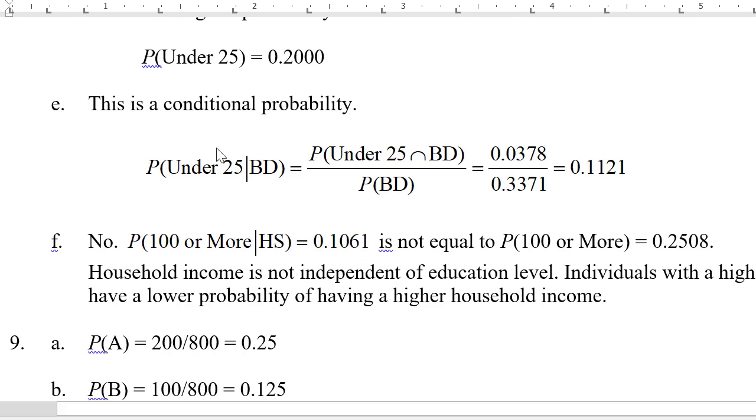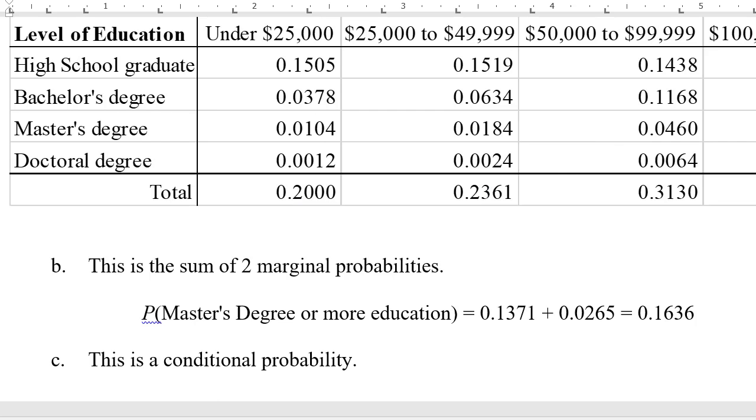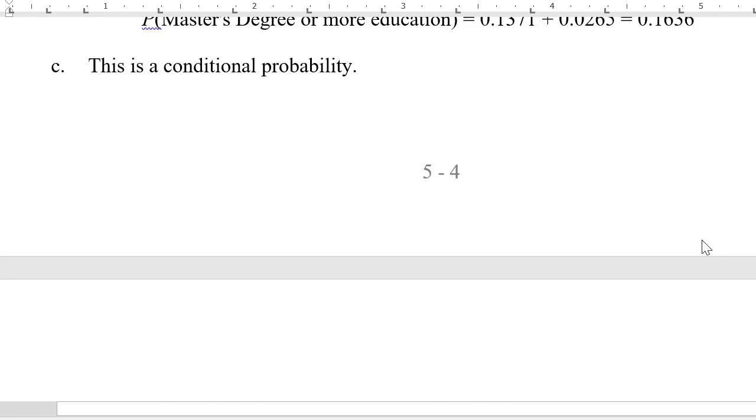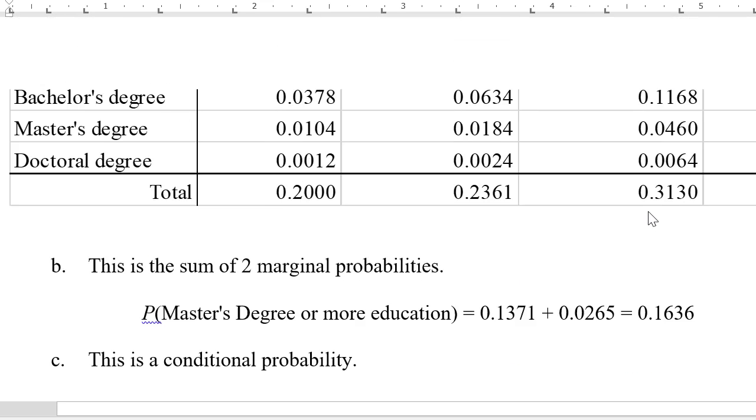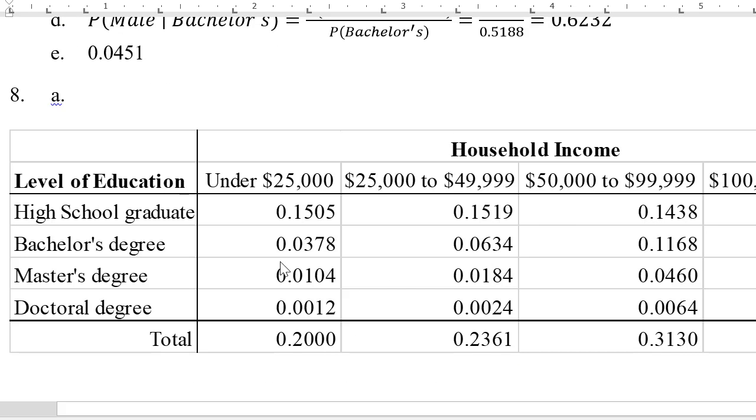And E is a conditional probability of under 25 given BD, the intersection again, and the probability of BD is this amount. So BD is right here, and 25 intersection BD is that value here.